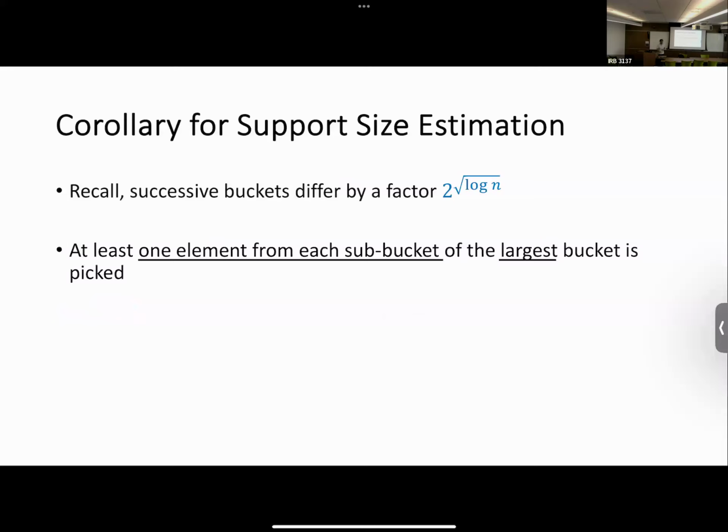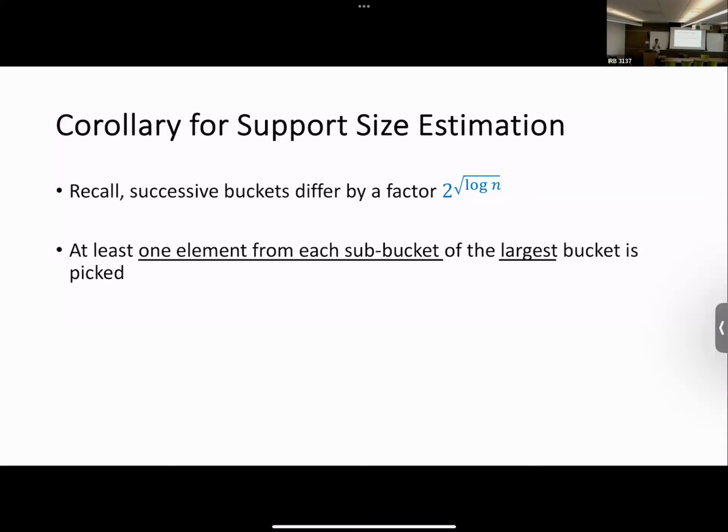In our instance, the buckets are of growing size, so if you look at the bucket with the largest size, at least a constant fraction of these constantly many samples come from this particular bucket.